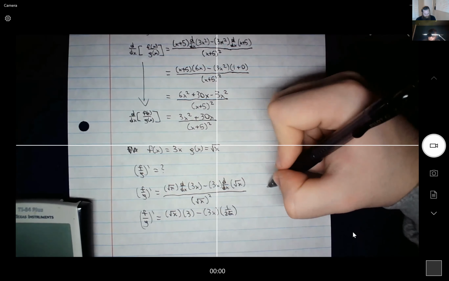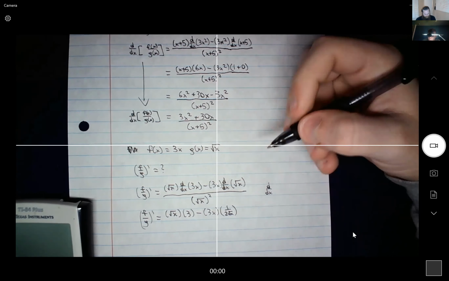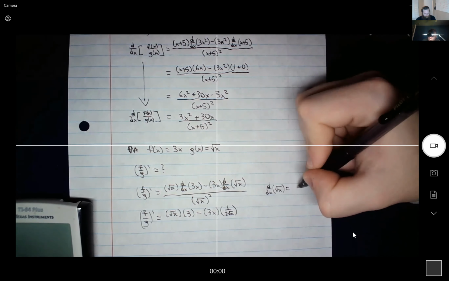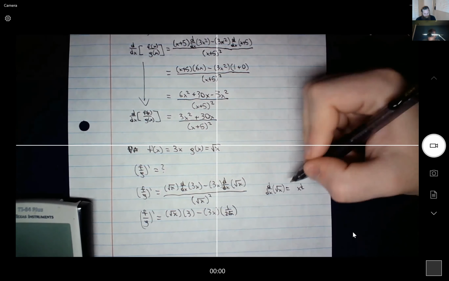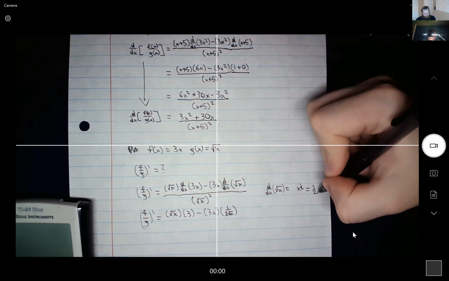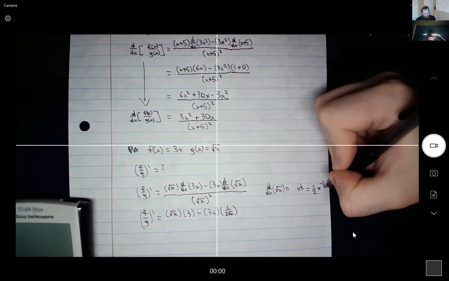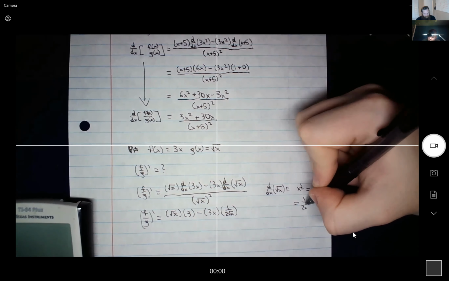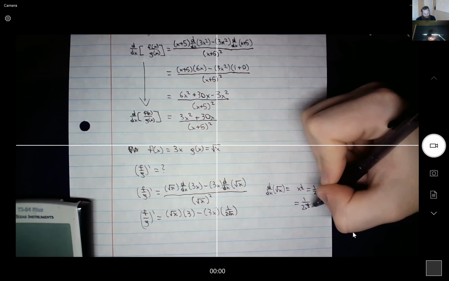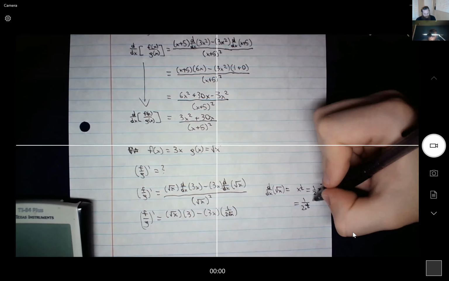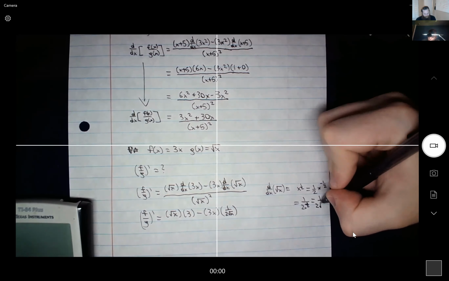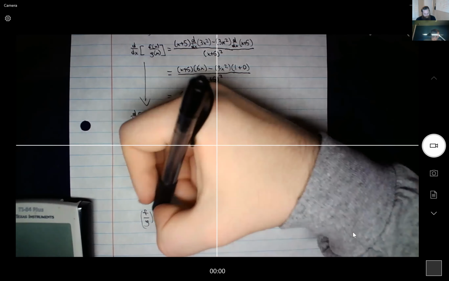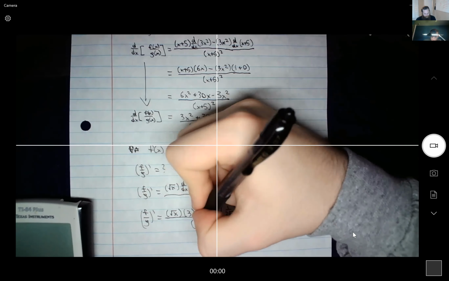For anyone who needs clarification, d over dx of x to the 1/2 is 1/2 x to the negative 1/2. Since it's negative, you bring it down. It's now positive 1/2, and that's just going to be 1 over 2 root x, like that, all over low squared.